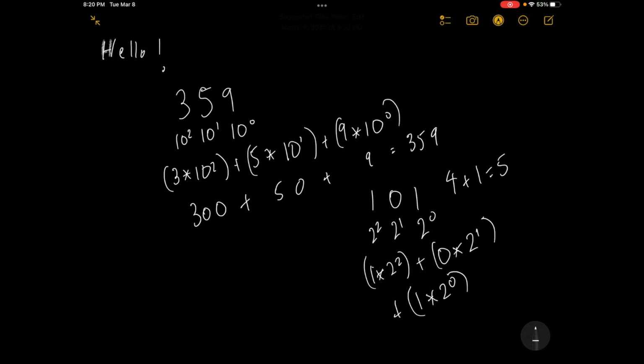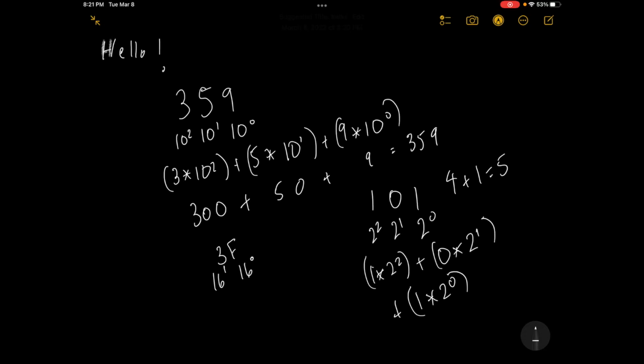So hexadecimal is pretty much the same. It's just that instead of 2 or 10, we have 16. If we have a value like 3f, we're going to have 16 to the power of 0 and 16 to the power of 1. Remember, for decimal or denary we had 10 possible digits, for binary we had 2 possible digits, and for hex we have 16 possible digits, going from 0 to f, f being equivalent to 15 in decimal.